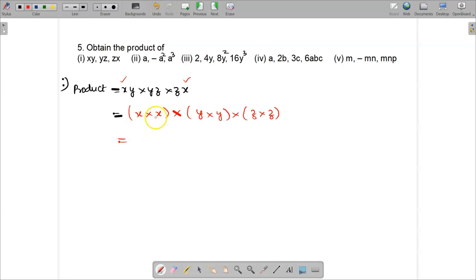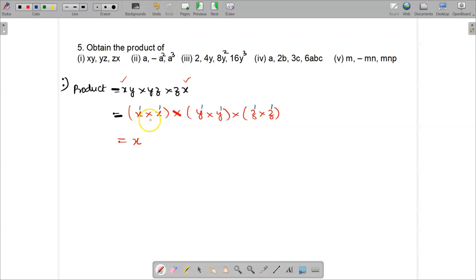Whenever we have one variable which is repeated multiple times, we can write it only one time and add the power. Whenever you don't have any power in the variable, it means it is x power 1, x power 1. Similarly y power 1, y power 1, z power 1, z power 1.